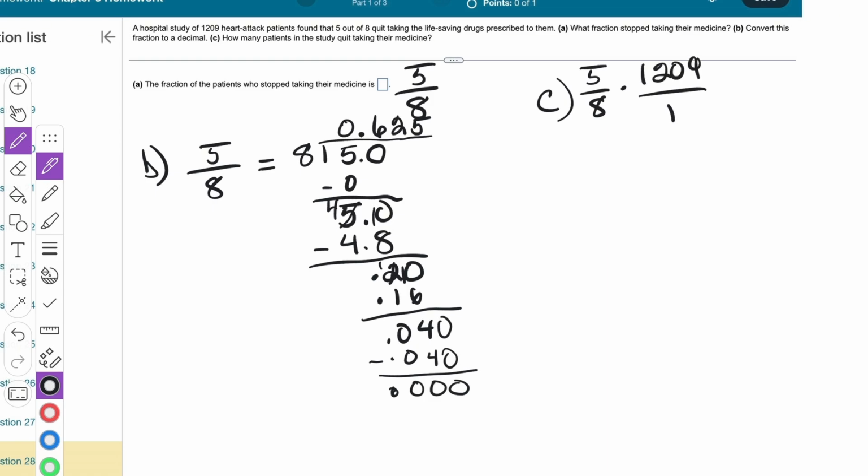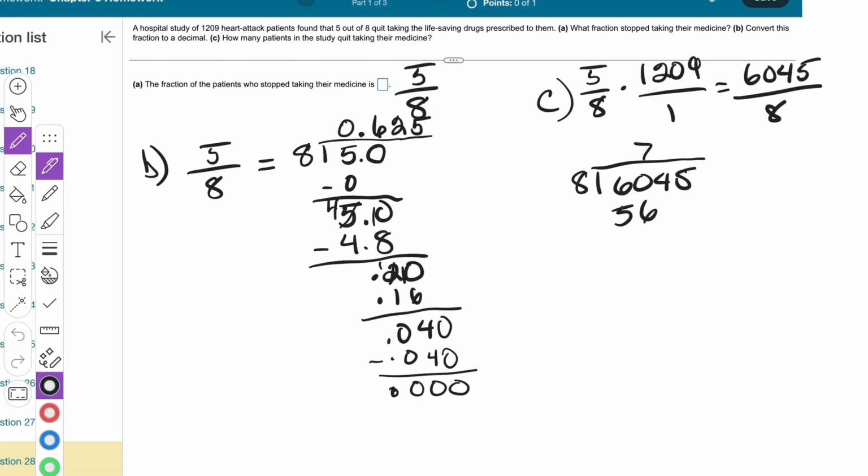So you can put that over 1, and you get, so 1,209 times 5 is 6,045 divided by 8, and then you can do that by hand and verify with the calculator. So 8 into 60 goes 7 times. So 7 times 8 is 56.